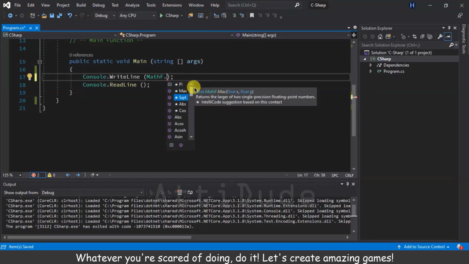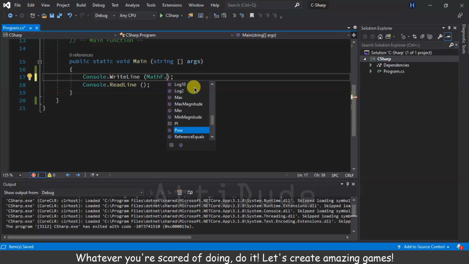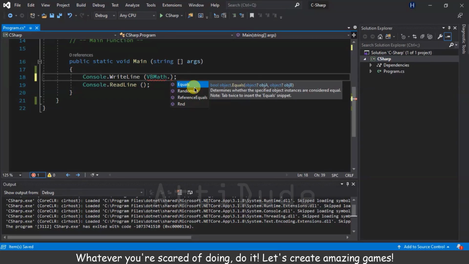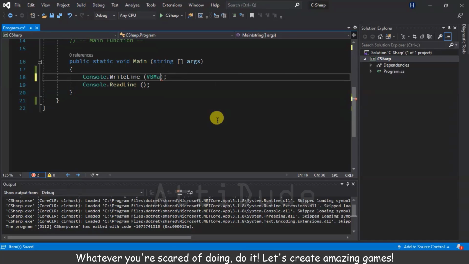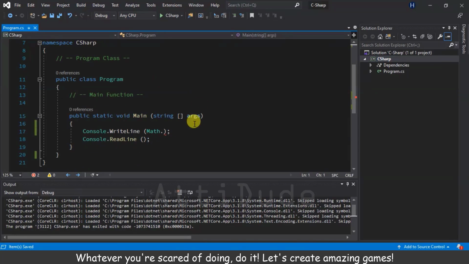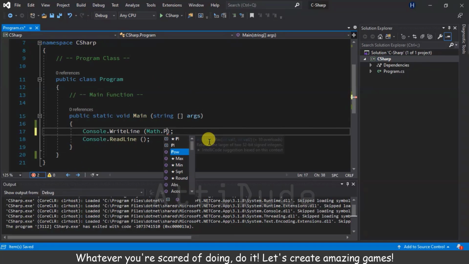In MathF, I don't know where it was, like positive infinity, negative infinity. We even have a VB math, Visual Basic Math. We have randomize. We're not going to use that. I'm just going to remove the namespace right there.